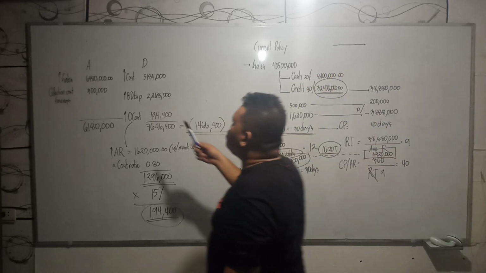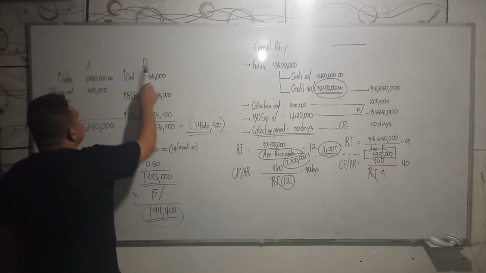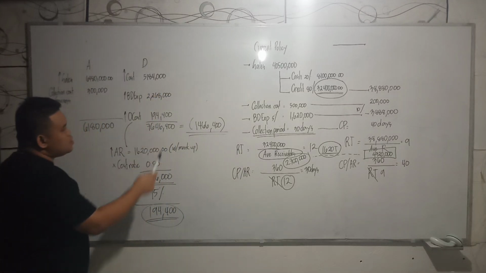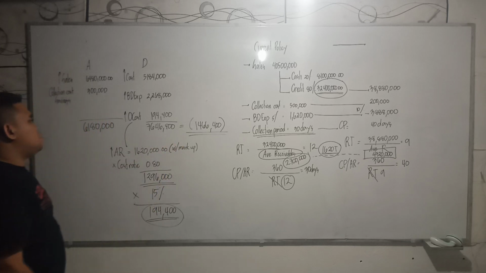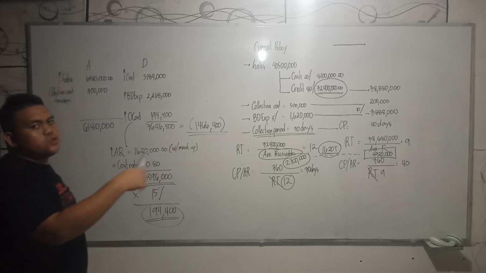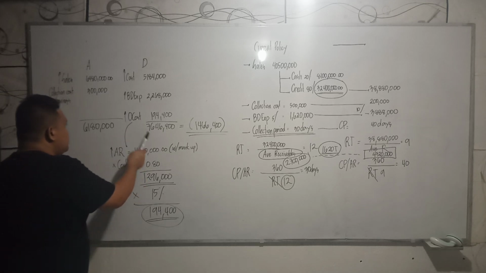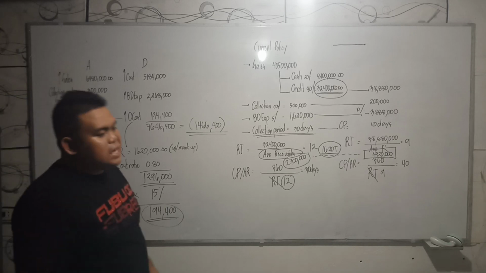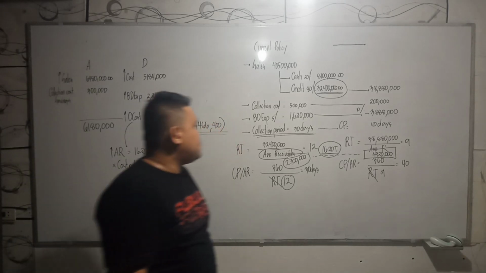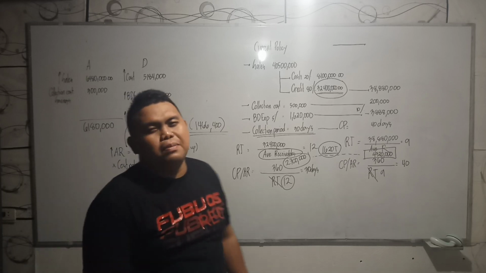You just have to tally the advantages of the proposal and the disadvantages, and you compare them. If there is a positive net advantage, then you push through with the proposal. But if the disadvantage, just like this one, is greater, then maintain your current credit policy. So that's it for receivable management.